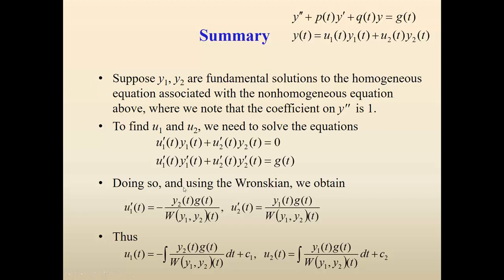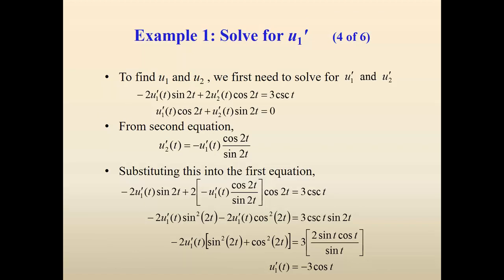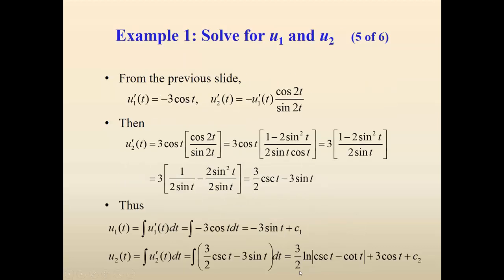But notice that my solution will solve for u1 prime and u2 prime. So my true solution will be the integral of y2g over the Wronskian. And my u2 will be y1g over the Wronskian. Also notice that u1 has a negative sign and u2 does not. Notice u1 prime had the negative sign due to our technique, and u2 did not.